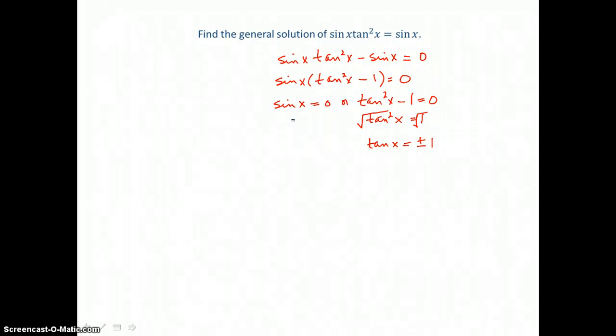Sine x equals 0. So we have to go to the coordinate plane and decide where the sine could be 0. Well, because sine is opposite over hypotenuse, to get 0, we'd have to have the ratio 0 over 1. So we'd be talking about x equaling 0 degrees or 0 radians.